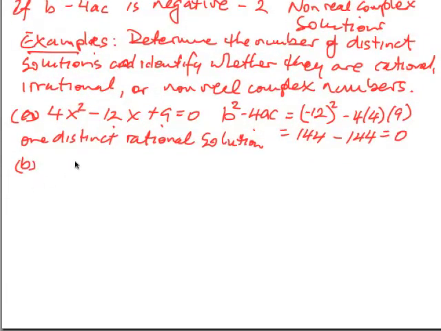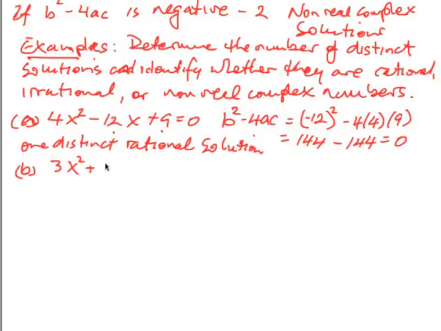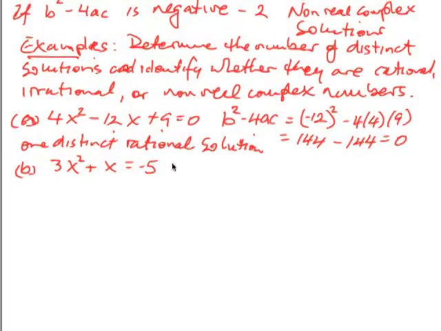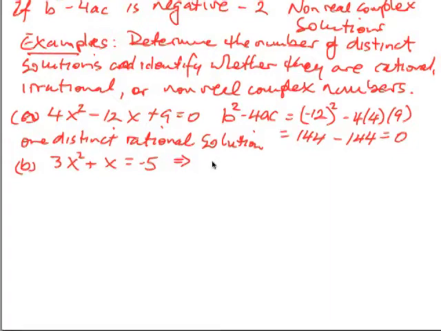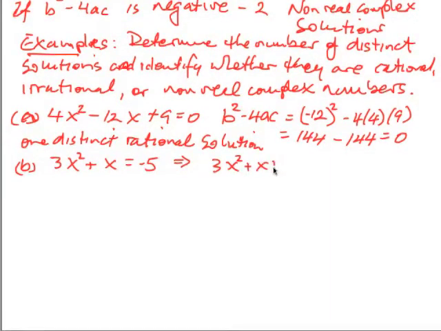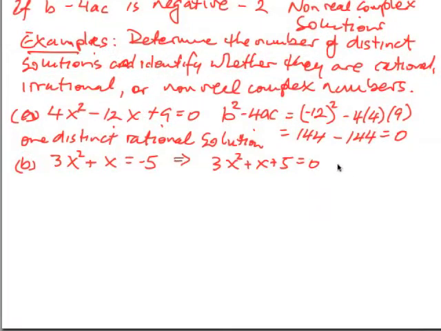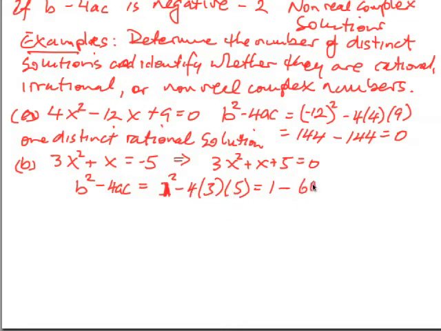Right, let's do part B. Suppose I have 3x squared plus x equals negative 5. First thing is, this implies that we have 3x squared plus x plus 5 equals 0. So my discriminant, b squared minus 4ac, would be 1 squared, because there's 1 in front of the x, 1 squared minus 4 times a is 3 times c is 5, so I'll end up with 1, subtract, 4 3s are 12, 12 5s are 60, so I end up with negative 59.